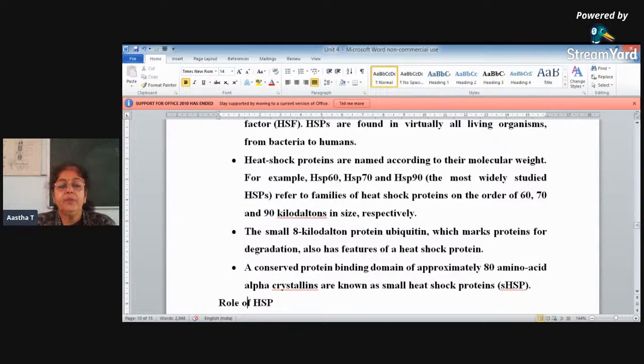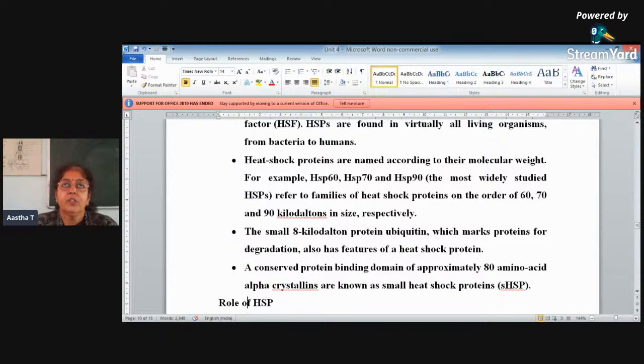So a conserved protein binding domain of 80 amino acid alpha crystallins are known as small heat shock proteins. सो हीट शॉक प्रोटीन्समध्ये पण SHSPs असतात आणि these are nothing but the proteins which have 80 amino acids alpha crystallins.